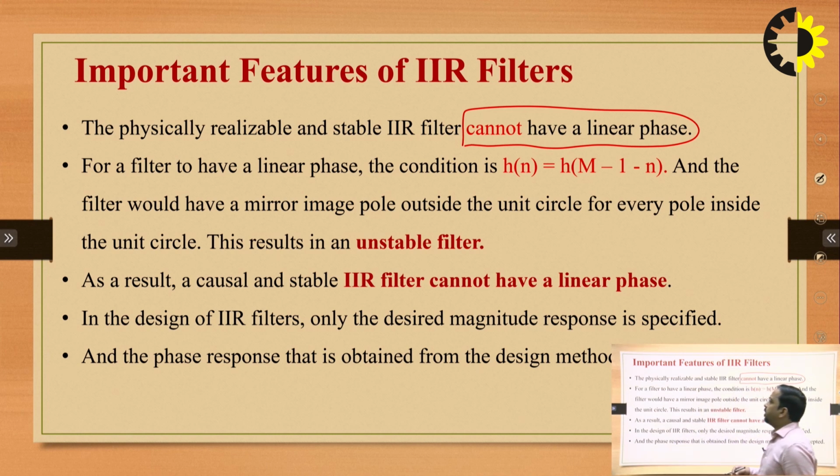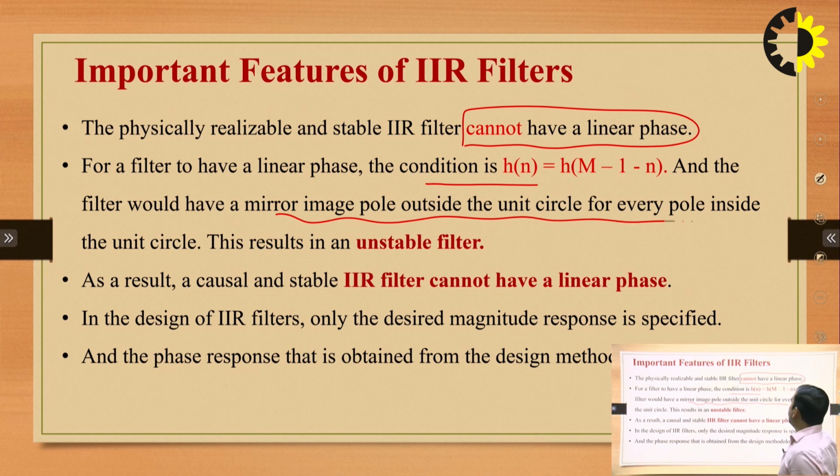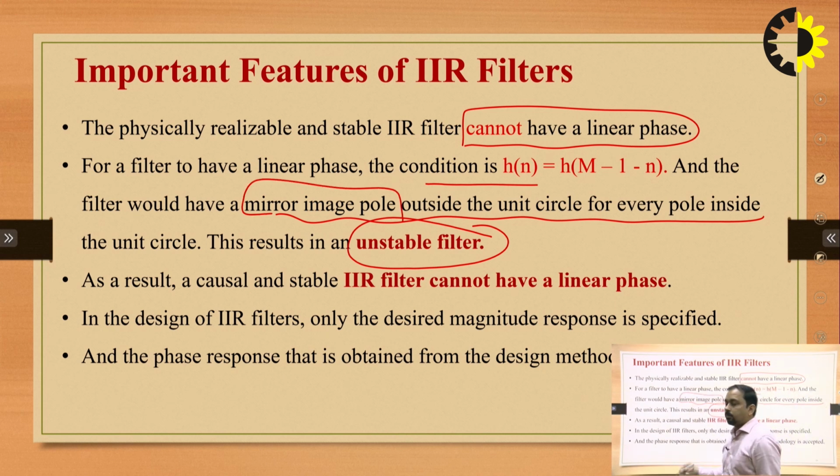For a filter to have a linear phase, the condition is h of n equals h of M minus 1 minus n, and the filter would have mirror image poles outside the unit circle for every pole inside the unit circle. So that will result in an unstable filter, because of the mirror image poles which are outside.